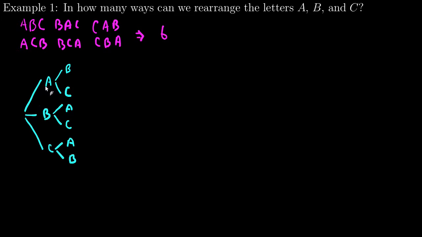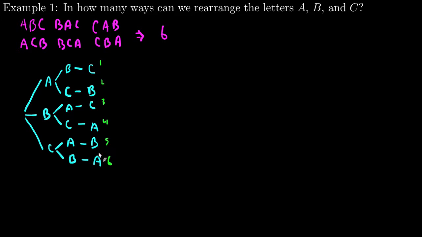And finally, once I've chosen the first 2 letters, then there's only one choice left. So if I chose A first and B second, the last thing has to be C, no other choices. If I've chosen A first and C second, my last letter has to be B, and so forth and so on. B, A, C, B, C, A, C, A, B, and C, B, A. And so in here, we can see that there are 1, 2, 3, 4, 5, 6 outcomes.